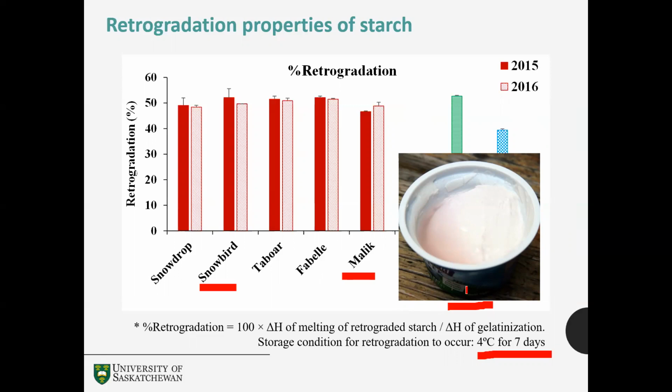As you can see in this yogurt product, syneresis means the separation of the liquid phase from the solid phase. So this is considered undesirable. If we want to use the pulse starches in products like yogurt or pudding, we may need to further modify them for such applications to increase their stability.